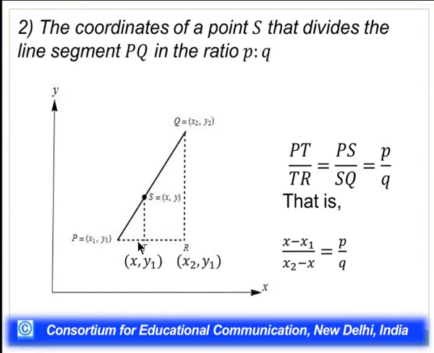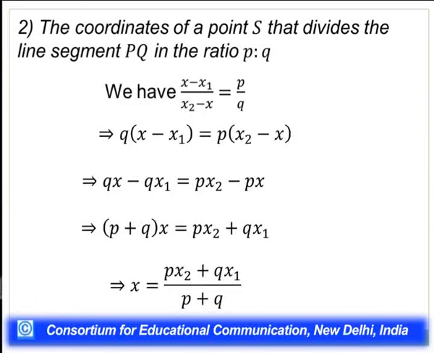Now let us see what PT and TR are. PT is the horizontal distance between P and T, which is x minus x1, and TR is the horizontal distance between R and T, which is x2 minus x. So therefore, we have that x minus x1 divided by x2 minus x has to be equal to p divided by q. Let us now solve this equation for x.